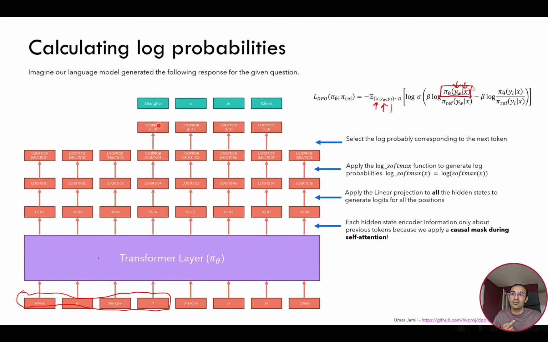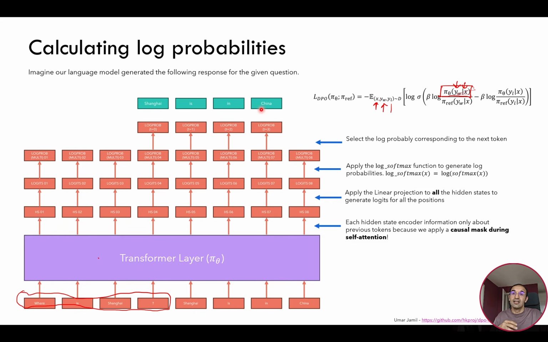The next token is Shanghai, so we take the log probability only corresponding to Shanghai. For this prompt here, so where is Shanghai, question mark, Shanghai, we know that the next token should be "is" because it is already present, so we take the log probability only corresponding to the token "is", etc., and we do it for all the tokens that are in the answer, and this gives us all the log probabilities of the tokens of the answer for this given question.